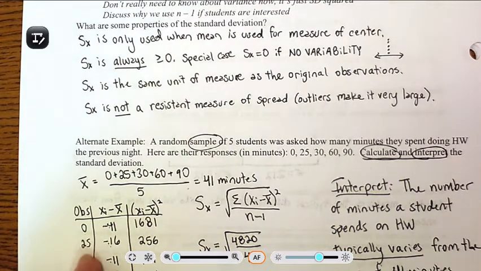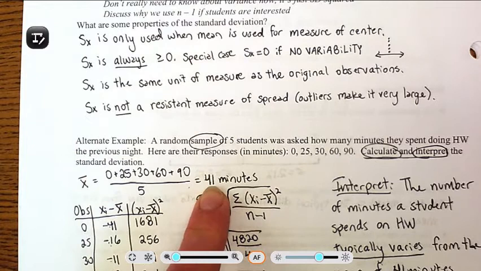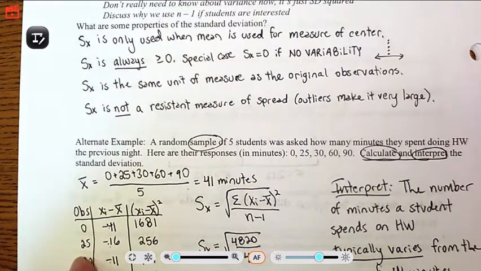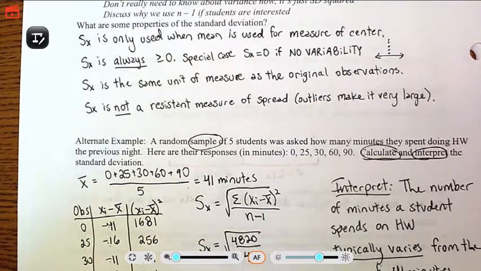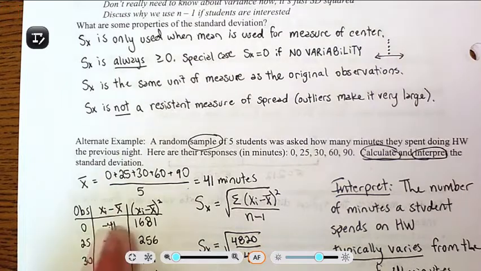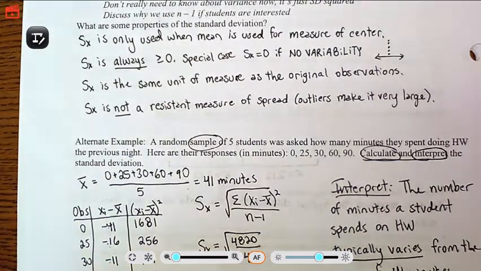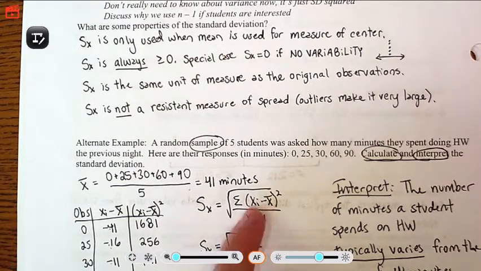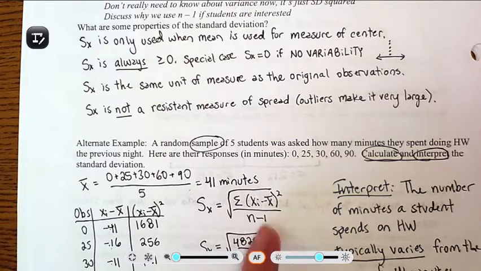So for each observation listed here, and I found the mean to be 41 minutes, I'm going to subtract from 41: 0 minus 41, 25 minus 41, 30, 60, and 90 minus 41. Okay, next I square all these values, sum them up, and now I'm here. The summation of each value's difference from the mean squared.